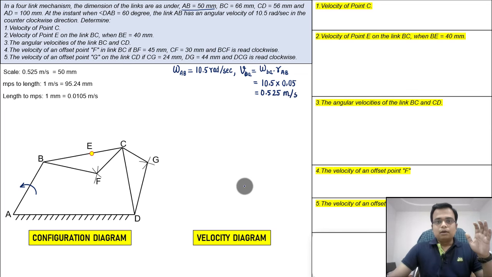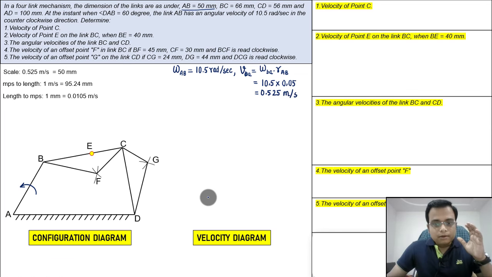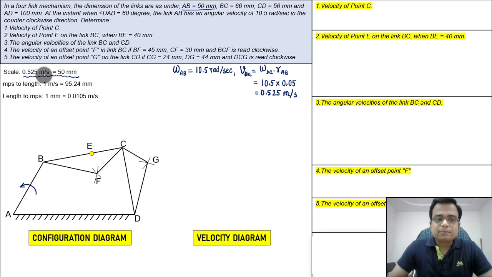Now, let us talk about making the velocity diagram. How can that essentially be done? We need to take a scale. The space that I have, on that basis I have taken this scale: 0.525 meters per second is equivalent to 50 millimeters. If you take this over to the right-hand side, 50 divided by 0.525, what will remain here is 1 meter per second, and once you do the division, it is equal to 95.24 mm.